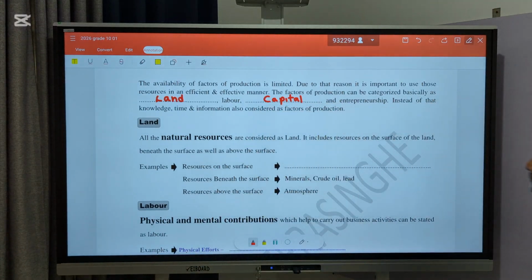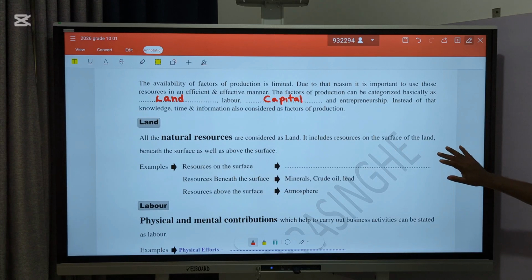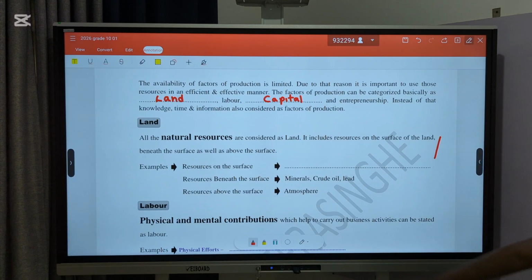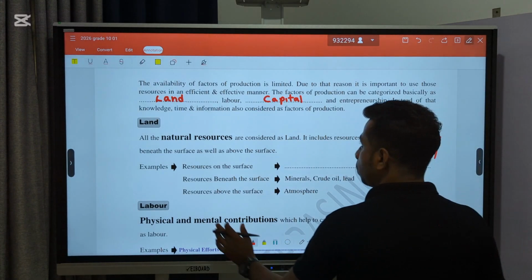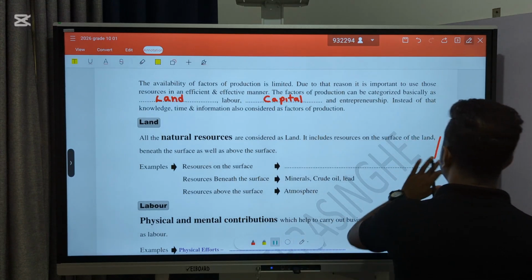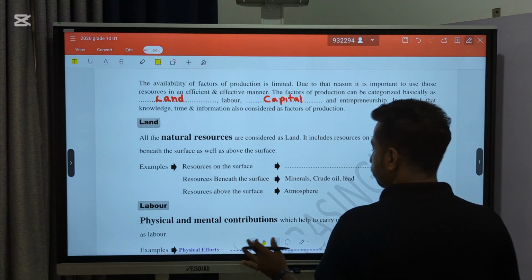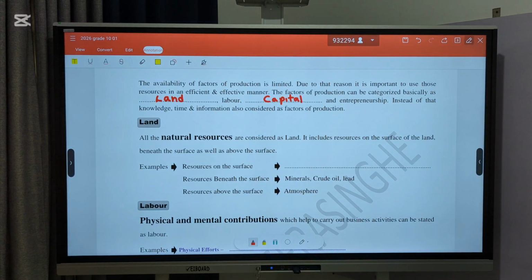Okay, let's see. All the natural resources are considered as land. It includes resources on the surface, beneath the surface, or above the surface. Right. Okay, my dear children. Examples. Resources on the surface.